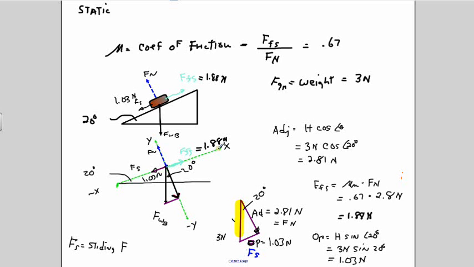Who's going to win this battle? The largest sliding force we can get is 1.03 newtons, and the other side can hold back with 1.88.